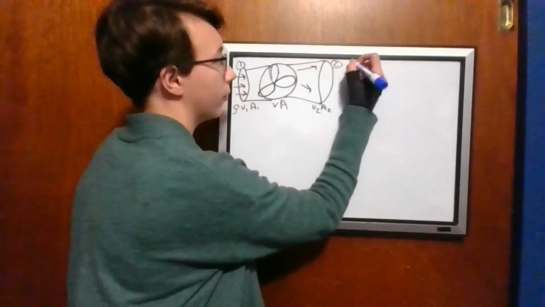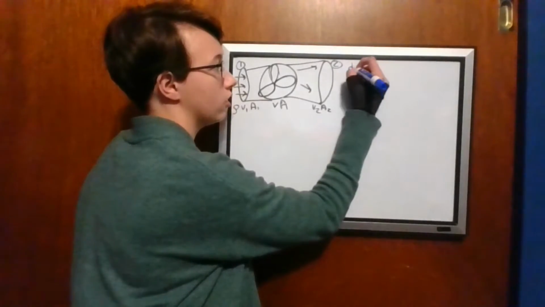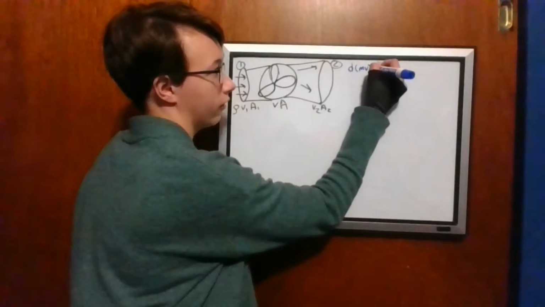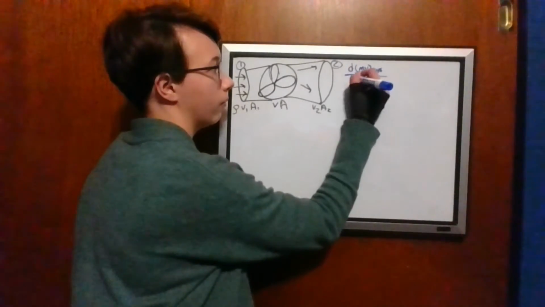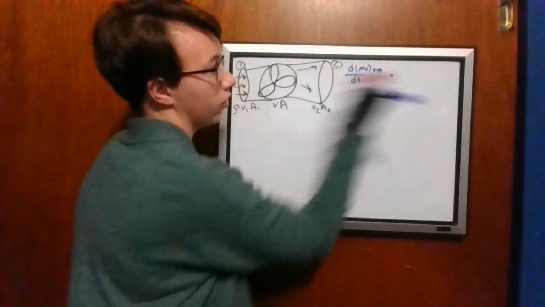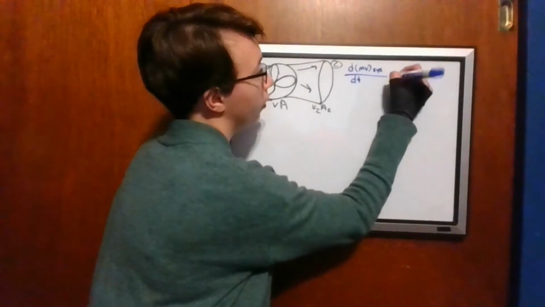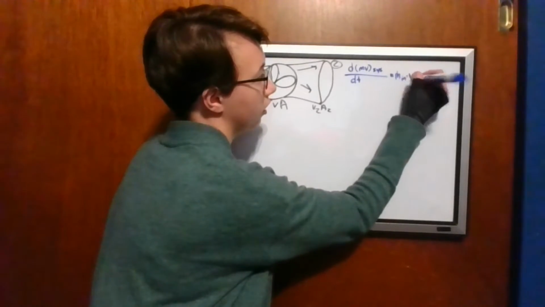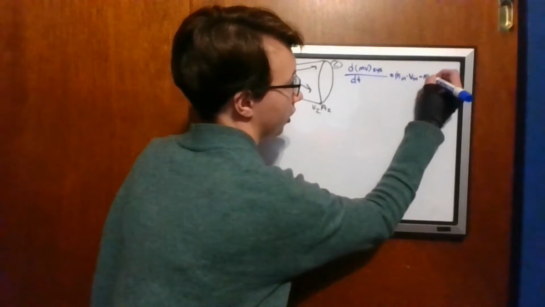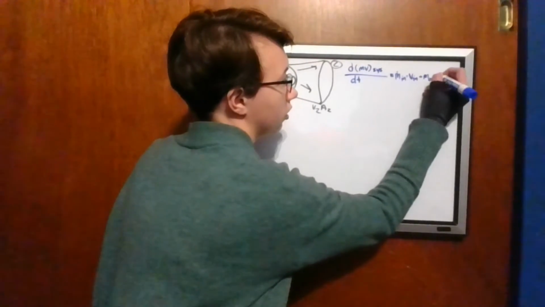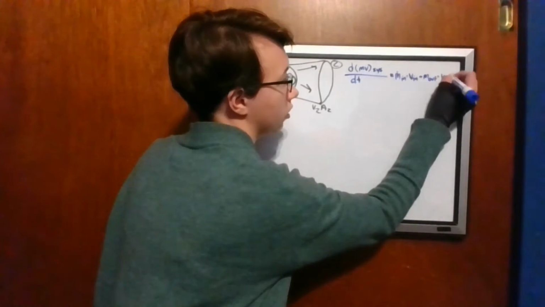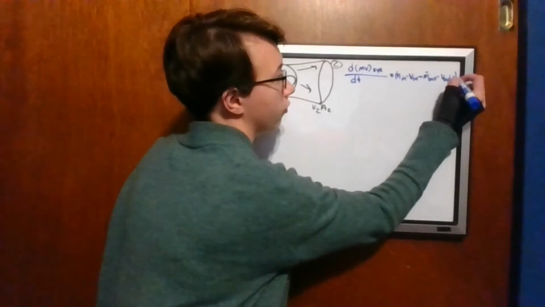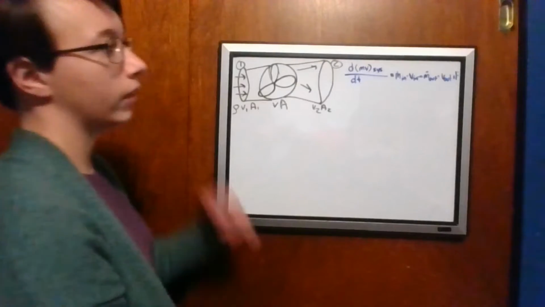So for the momentum balance, we have that the change in momentum, which is the mass times the velocity of our system, with respect to time, is equal to the mass flow rate going in times the velocity going in, minus the mass flow rate going out times the velocity going out, plus the force that is acted upon it.